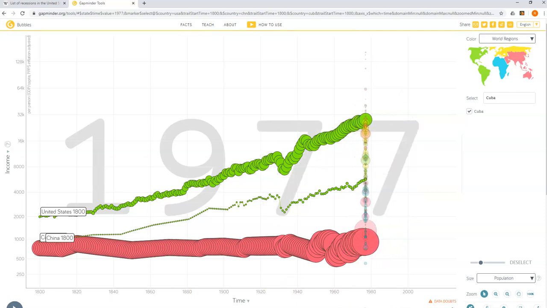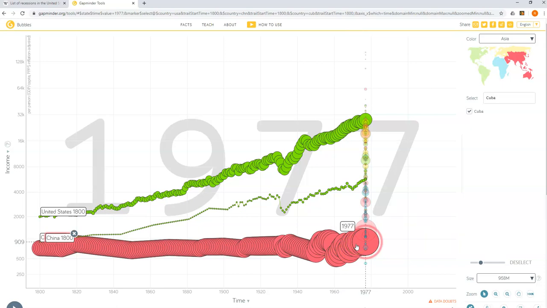So this is 1976. If you look at the US between the 1800s to about 1977, our GDP per capita increased quite significantly. If you look at China, though, their GDP per capita was about the same as it was 170 years before.